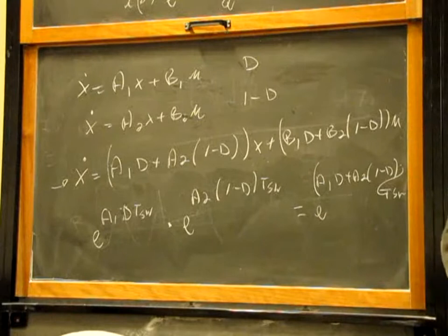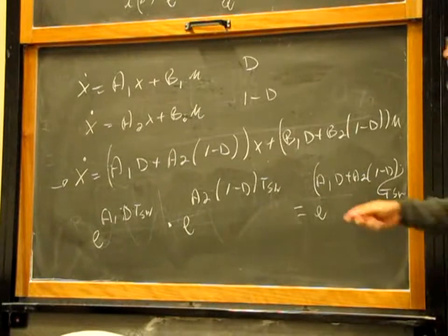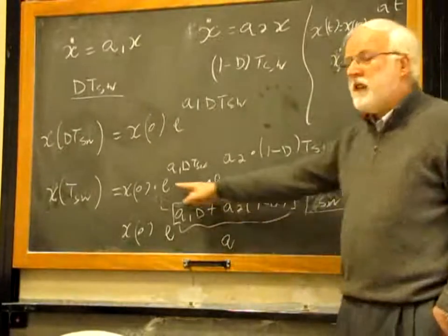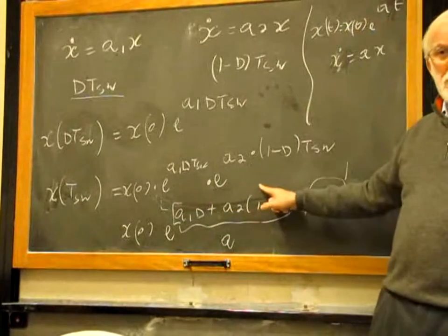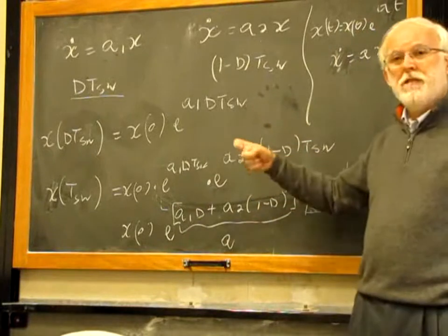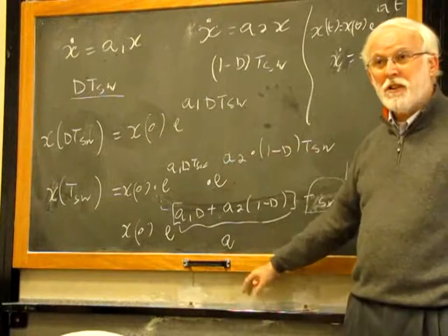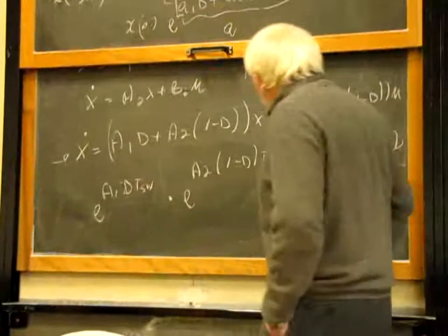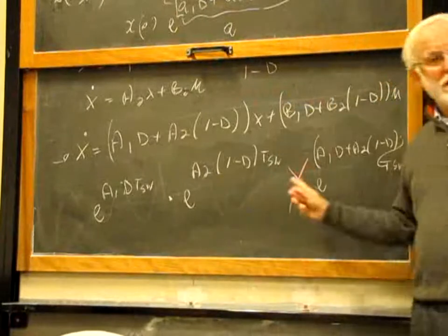This is badly wrong. This property of exponential functions, e to the a times e to the b equals e to the a plus b, is only valid for scalars, for numbers. It's not valid for matrices. It's not equal.